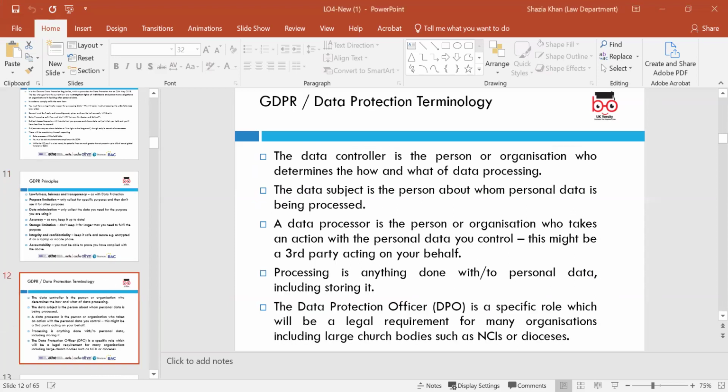GDPR and data protection terminology. The data controller is the person or organization who determines how and why data is processed.